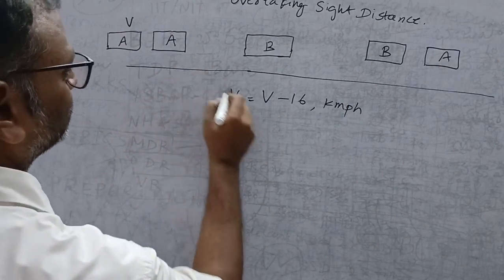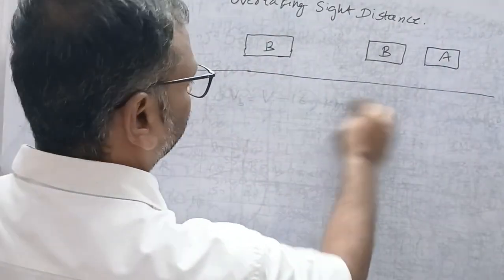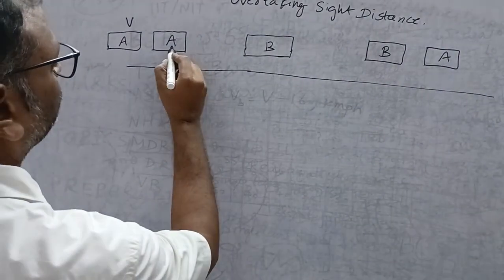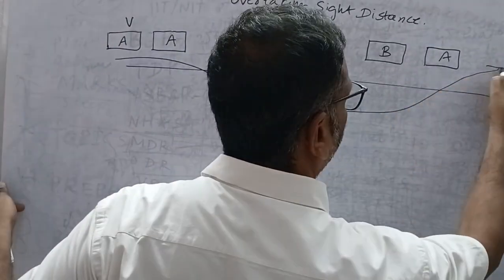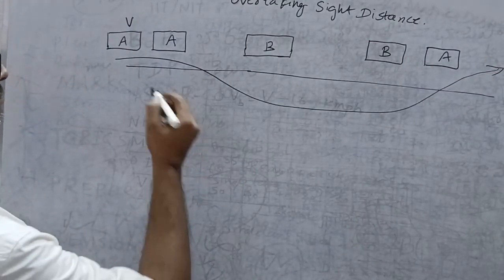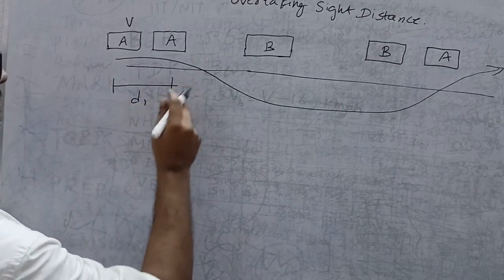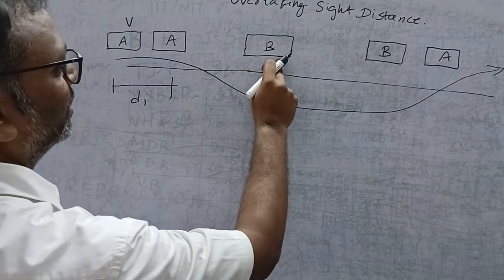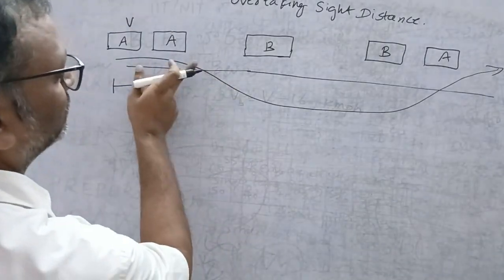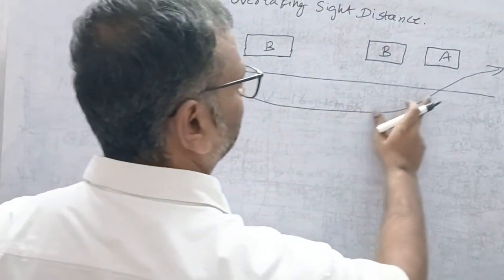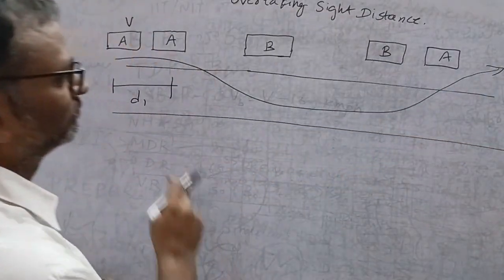Suppose from this point to this point, it travels at the speed of this vehicle for some distance, and then the maneuvering takes place and it accelerates and again moves there.